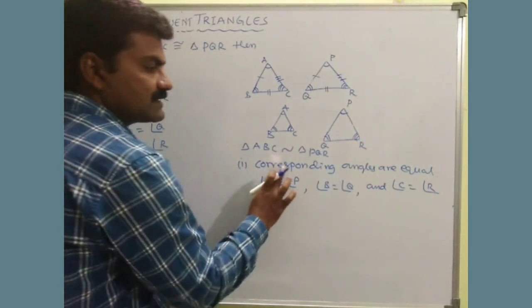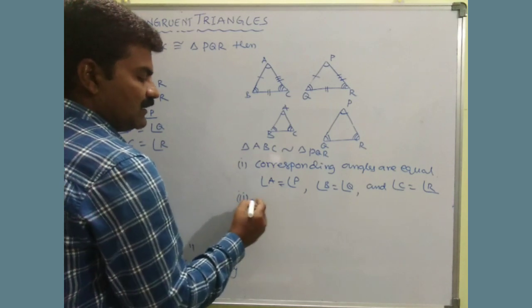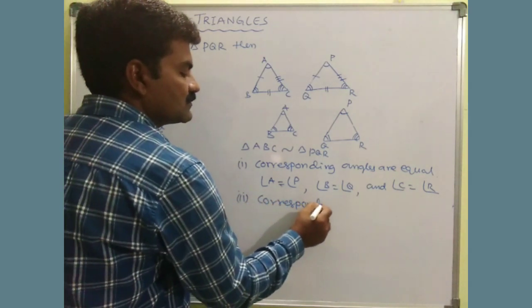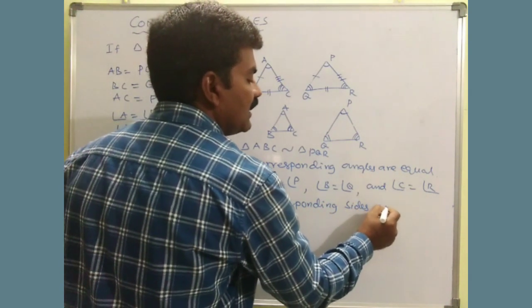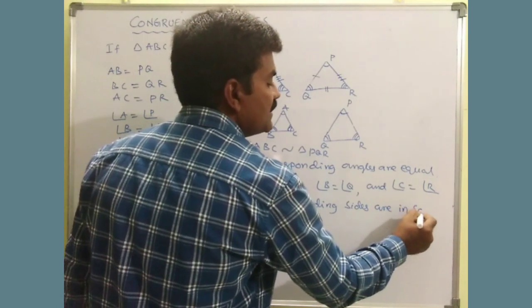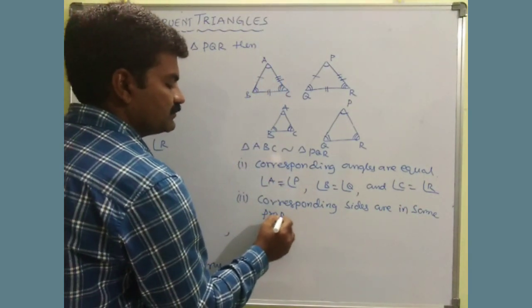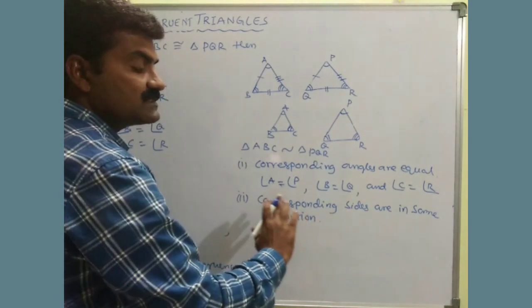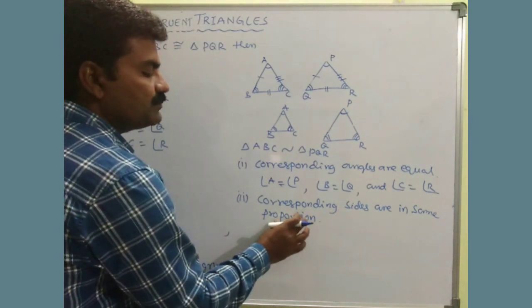Okay ma, corresponding angles are equal, but corresponding sides are in the same proportion. Please listen to this. I am not telling that corresponding sides are equal, but the corresponding sides will be in the same proportion.